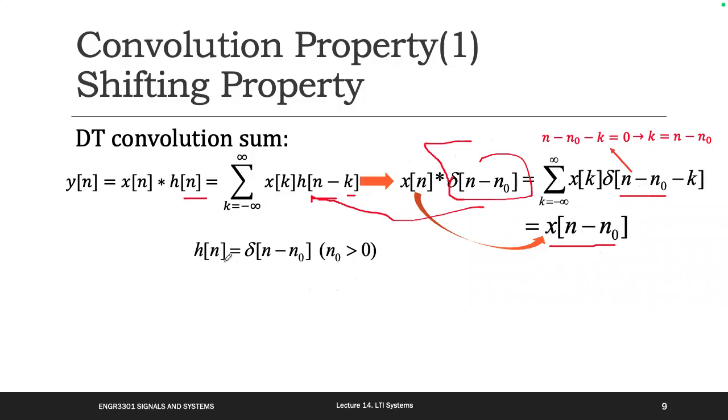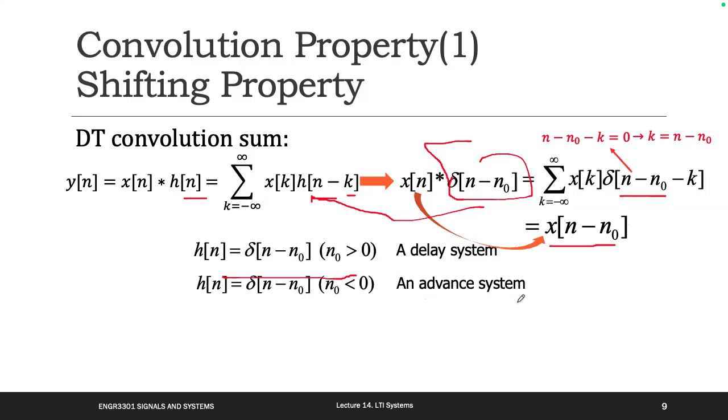Which means if hn equals this equation, then it is a delay system, because your n grid will shift to the right. Am I right? It is a delay. And if your n0 is smaller than 0, it will be an advance system. Does it make sense to you?